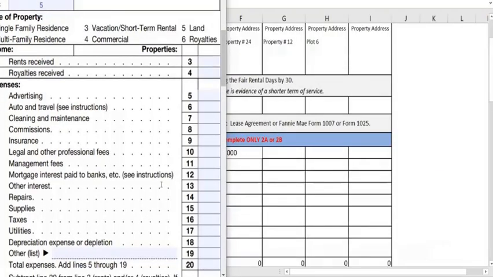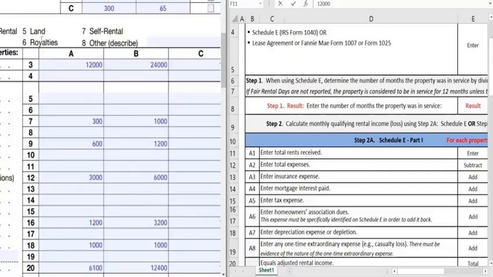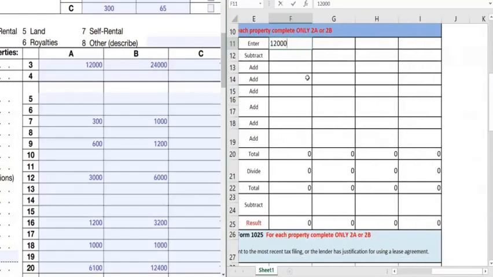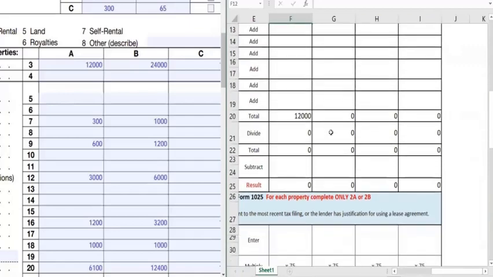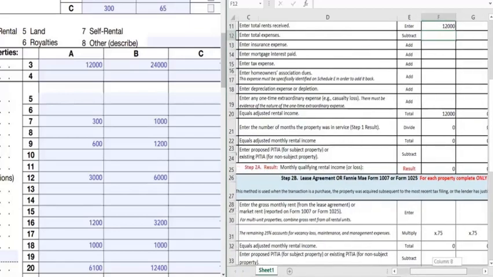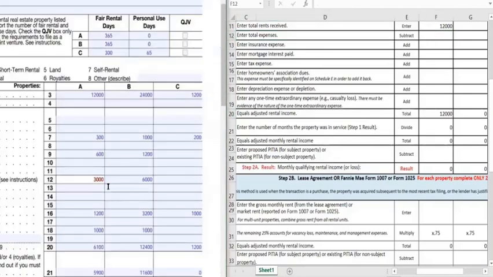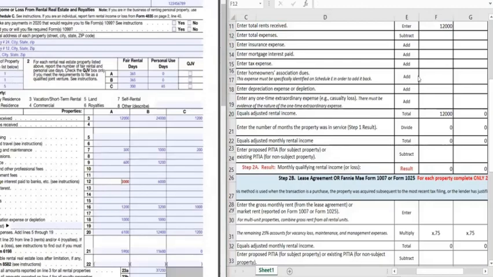Okay, so 12,000, and then what next? Enter total expenses. What are the total expenses? 6,100, sir. Very nice. 6,100 is the total expense.